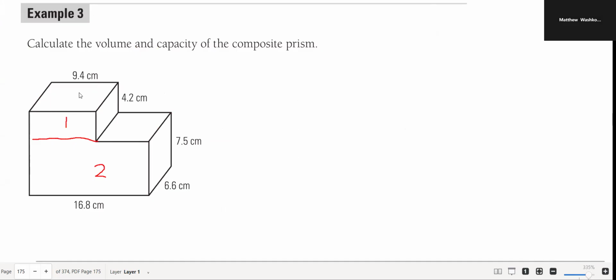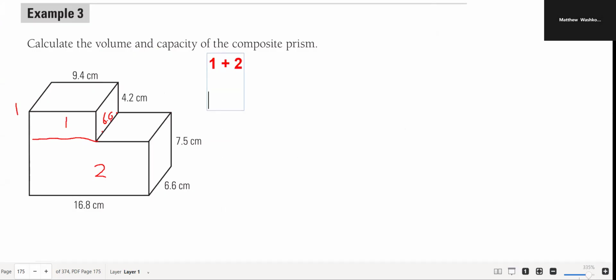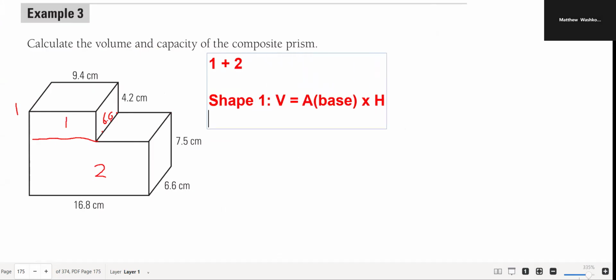So shape one, the volume of this thing, 9.4 times 4.2. Then how long is this line here? It's the same length as this line, which is the same length as this one. So 6.6. Right? So take shape one, add shape two. Write your little formula on top: shape one plus shape two. So shape one, volume is equal to the area of the base times the height.